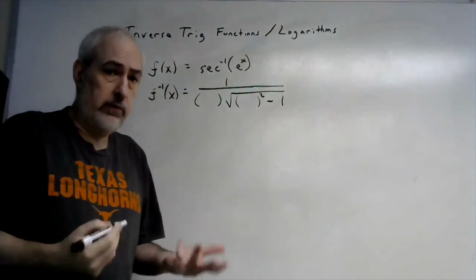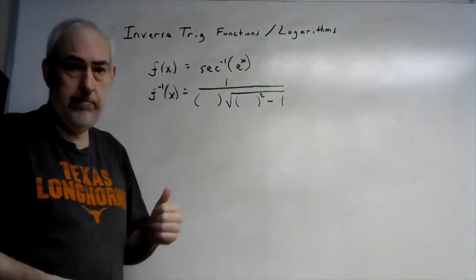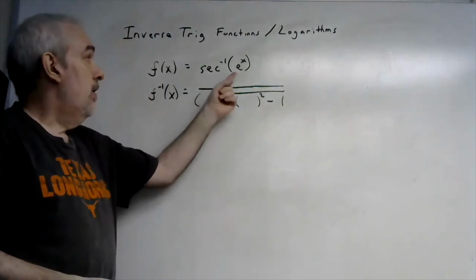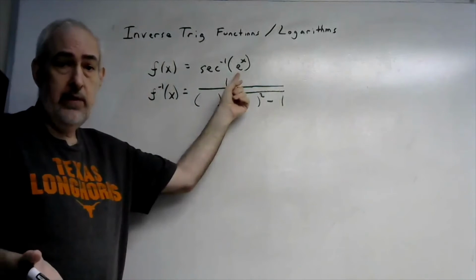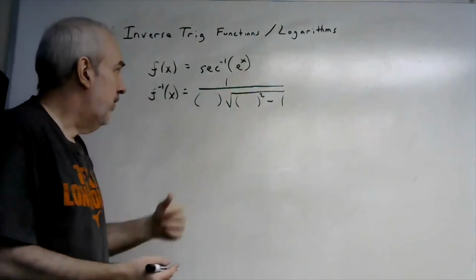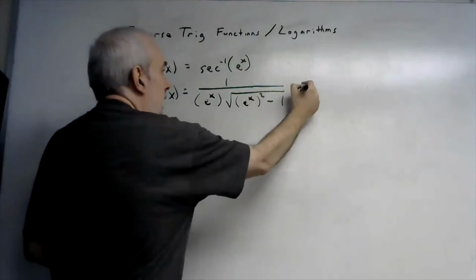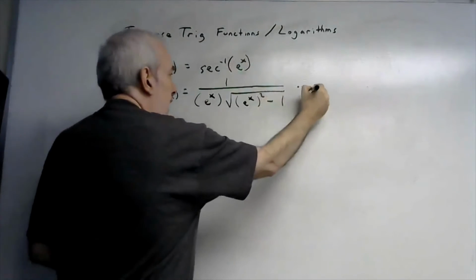Notice, as I was saying that out loud, I was saying x, but I was putting a parentheses. That's because this is not just an x inside of it. So we're applying the chain rule. So every x in the formula you have to replace with e to the x. And then times the derivative of the inside.